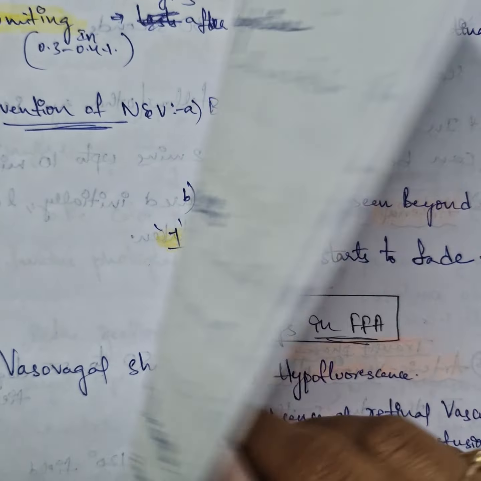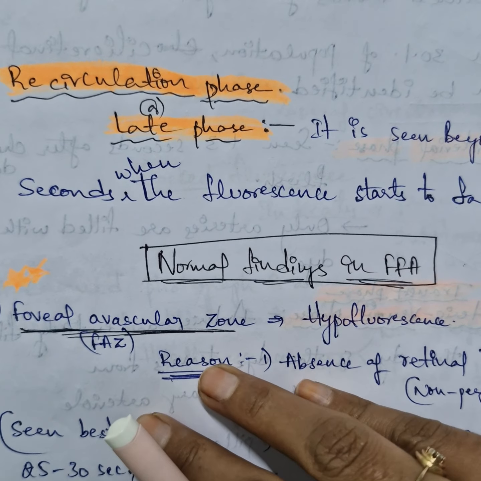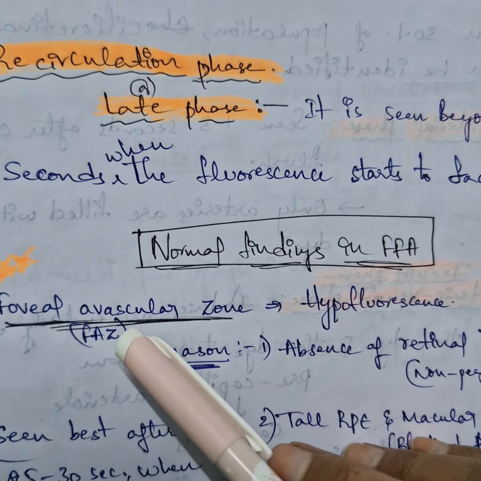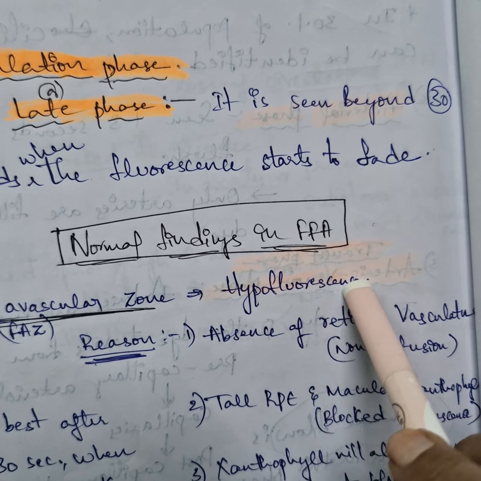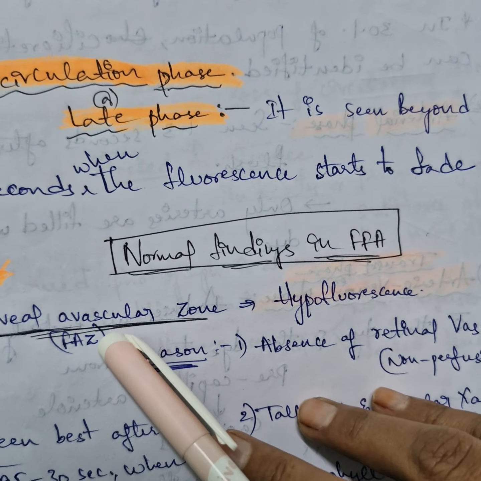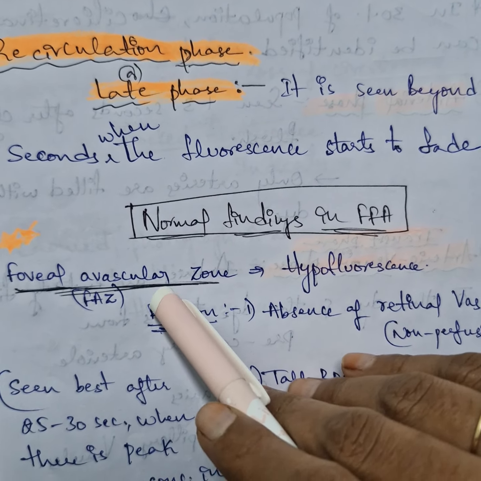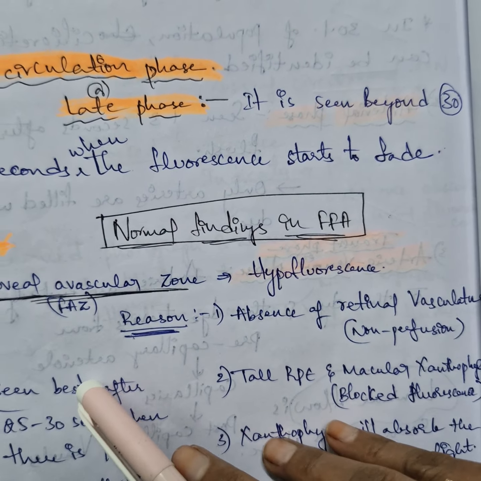So coming to the normal findings which we can see in an FFA, normally in a normal retina or fundus. We can see the foveal avascular zone, which is seen as hypofluorescence because it is avascular. Basically retinal vessels are not there, so it will be hypofluorescence.